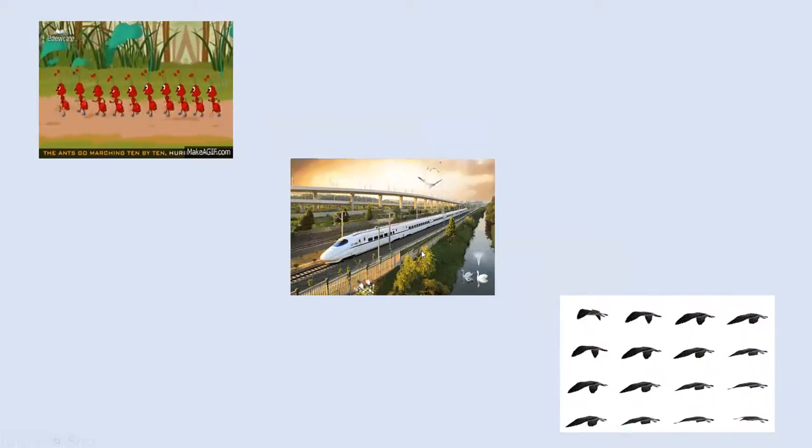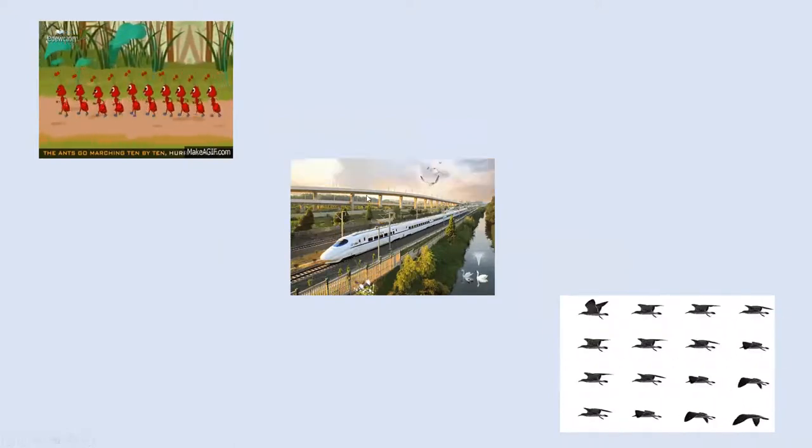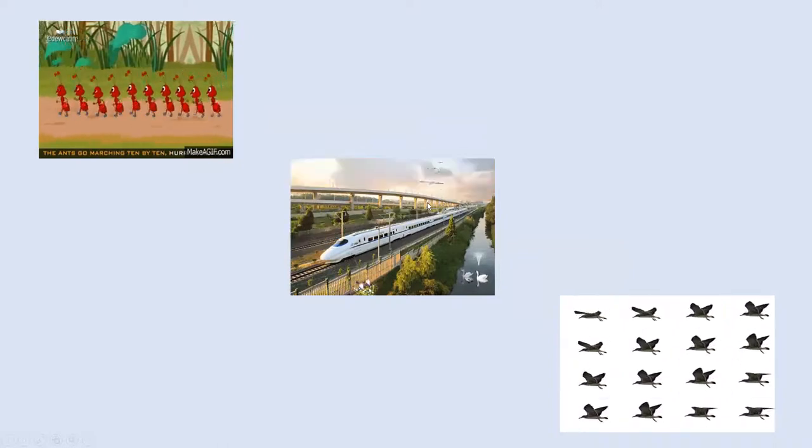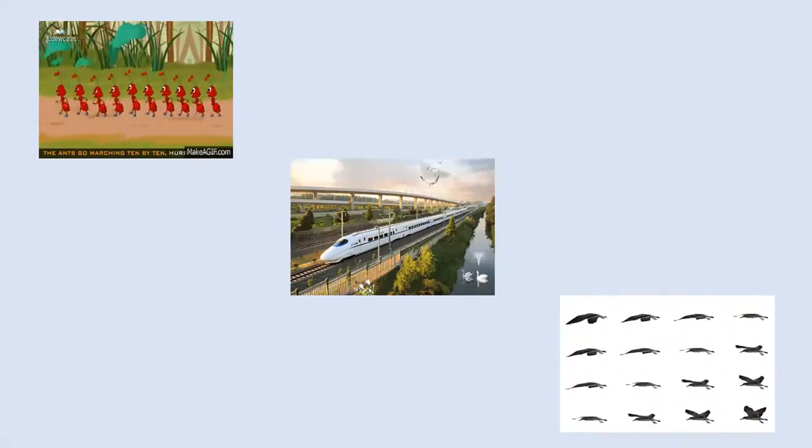They are moving in a linear direction. Absolutely correct, students. So now tell me, what is such type of motion called as? Did I hear linear motion? Absolutely correct. Such type of motion is called as linear motion.